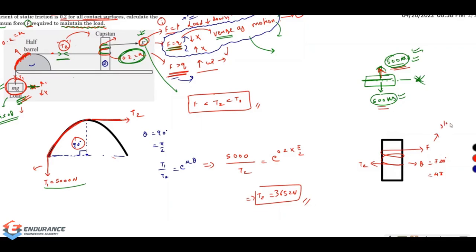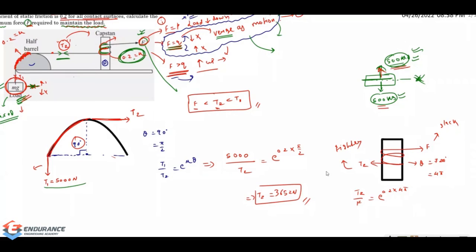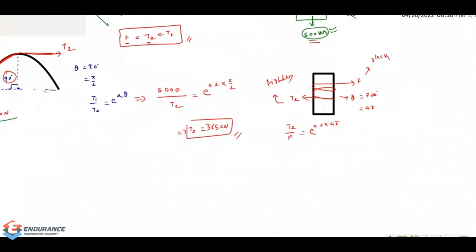In this case, this is slack, because F is lesser than T2, and T2 is going to be tighter. So T2 by F will be equal to e to the power of mu theta, which is 0.2 into 4 pi. So from this, F will be equal to T2 by e to the power of 0.2 into 4 pi.